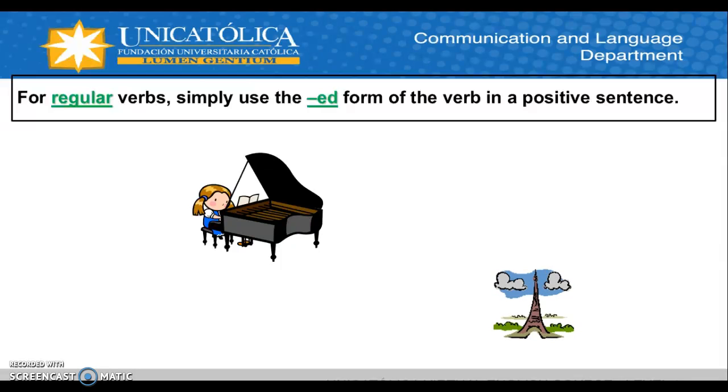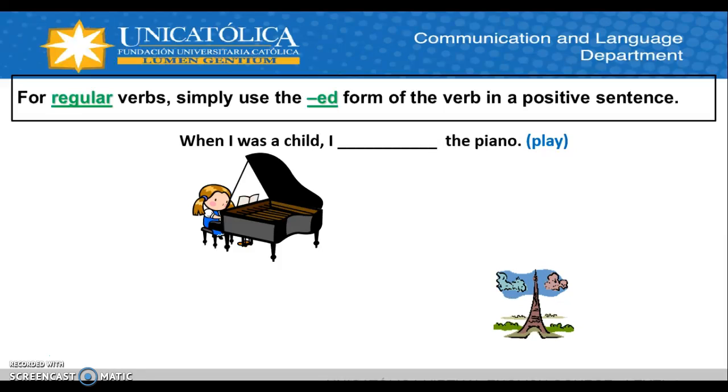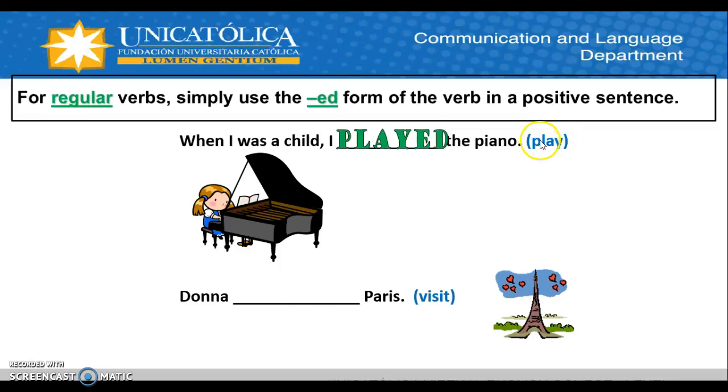For regular verbs, simply use the ed form of the verb in a positive sentence. Look, when I was a child, I played the piano. What is the infinitive, the present form? Play.